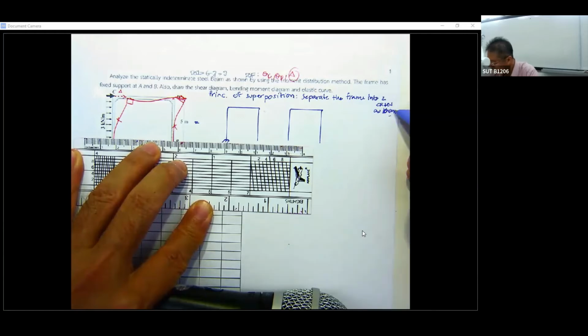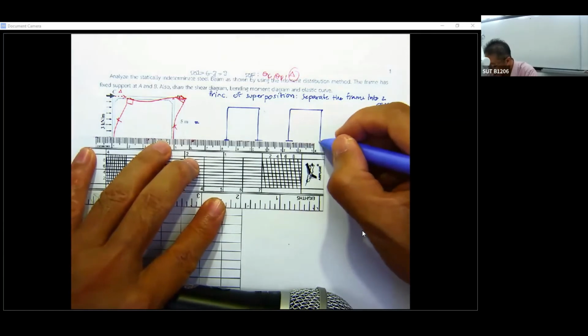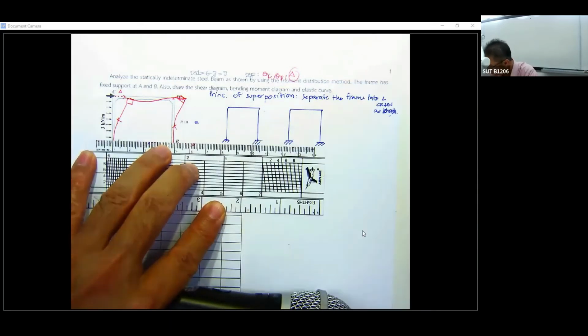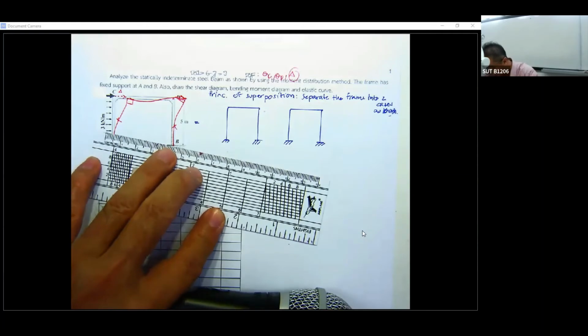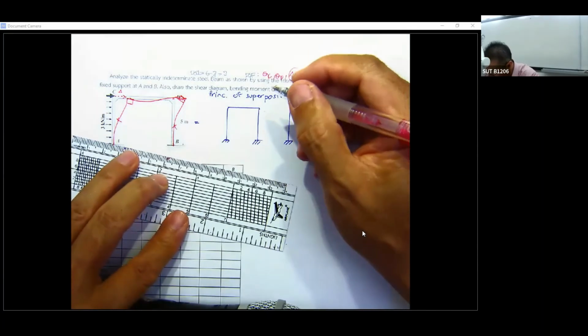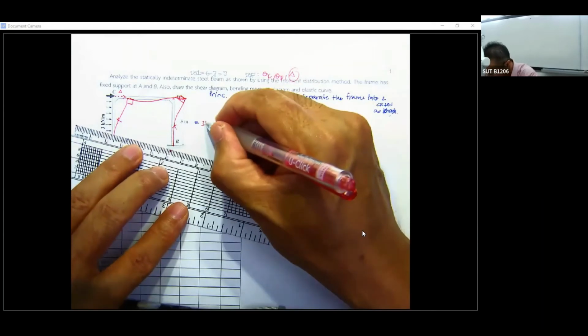Okay. And then what we have is, again, the first one without sidesway. Under the application of 3 kilonewton per meter, the wind will blow on the structure like this.